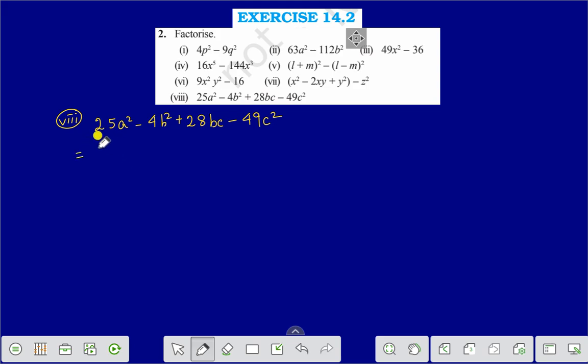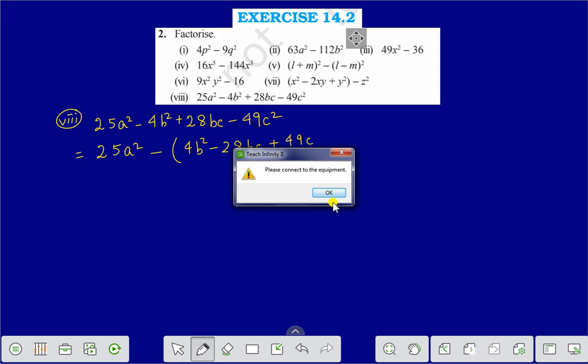Here you see, we can write it in this form: 25a square minus, I have taken the minus, 4b square minus 28bc plus 49c square.